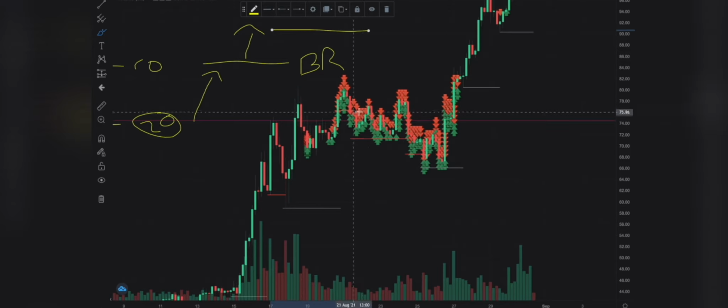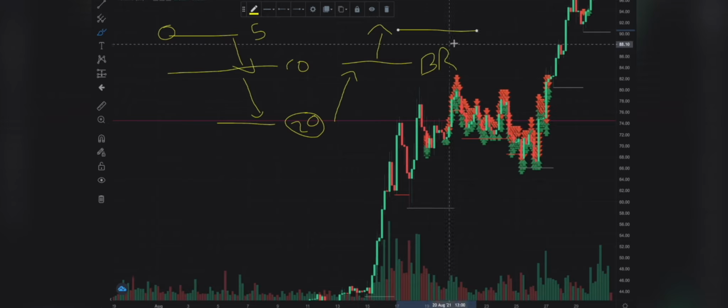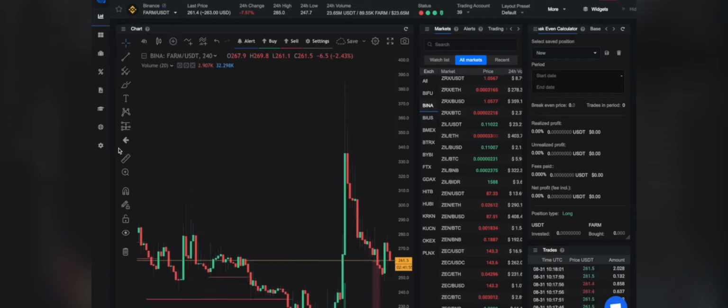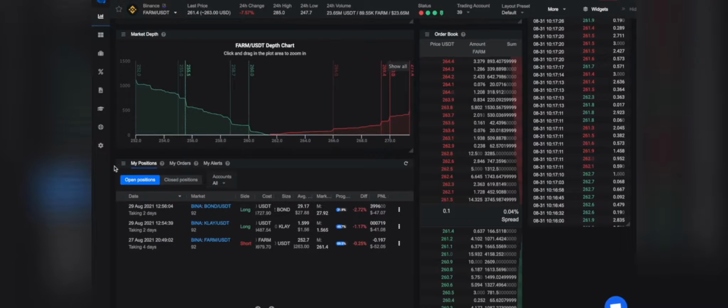As you can see, the amount of trades that were executed here were high in volume, and it was all able to be done using this martingale strategy. As you can see from the Sol order book, our net profit on this current grid that's running is around $500, and we have positions open in Bond, Clay and Farm currently.